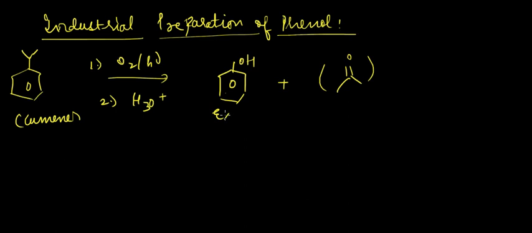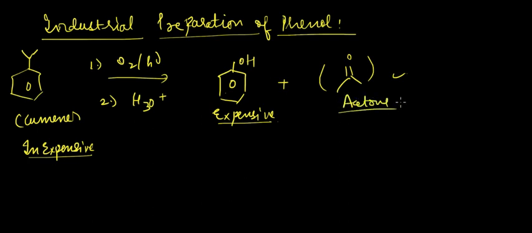which is acetone. This is actually very inexpensive. Okay, from the inexpensive compound we get an expensive compound, and this acetone also has real life utility, which can be marketed as nail polish remover.